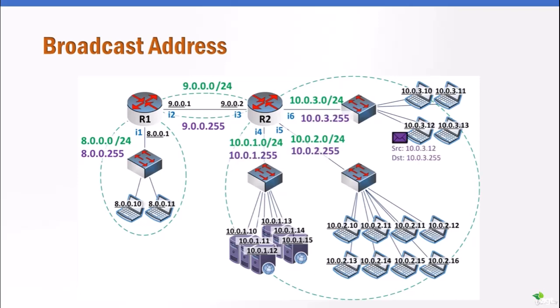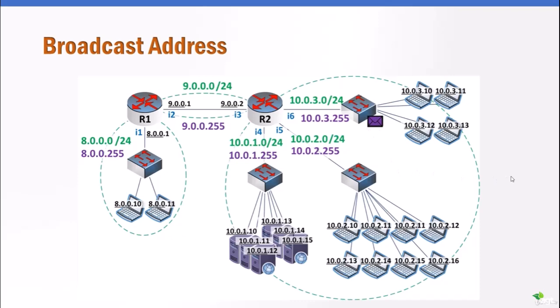Let's look at an example. Let's say that this laptop sends a broadcast packet with source address, its own address 10.0.3.12, and destination IP address is going to be our broadcast address for this subnet, which is 10.0.3.255. So once this laptop sends its broadcast packet, it's going to end up on the switch.